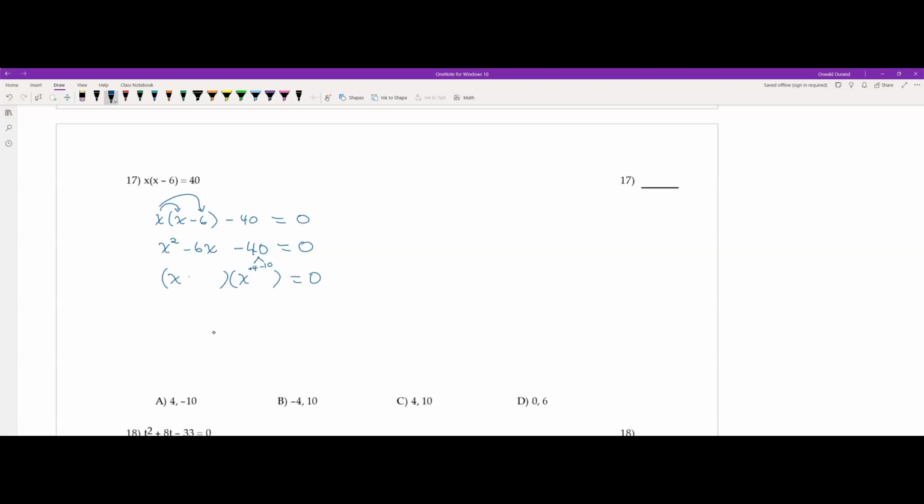So let's put plus 4 and negative 10, and that should satisfy this polynomial. And now we can set x plus 4 to 0 and x minus 10 to 0. So we have x is equal to negative 4 or x equal to 10. So negative 4, 10 are my answers.